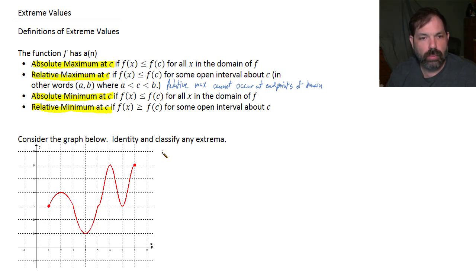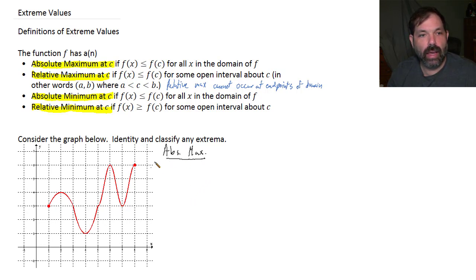So let's first determine, are there any absolute maximums? All right, so absolute maximum, that would be the highest point on the curve over the entire domain of the function. Now, this graph just shows the domain from 1 to 8, right? That's the domain of this function.